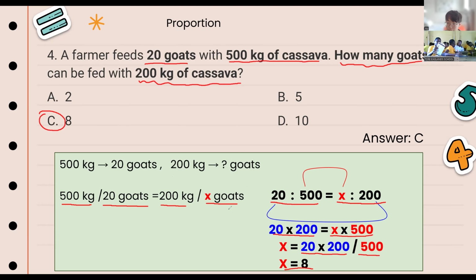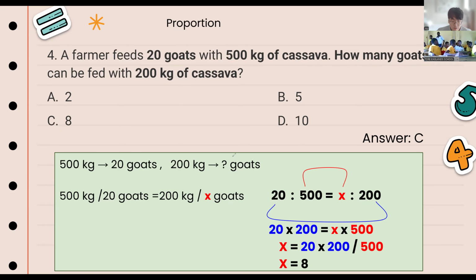Or do you have any questions about this question? Yeah, I'll give you some time to write down this question and the answer.